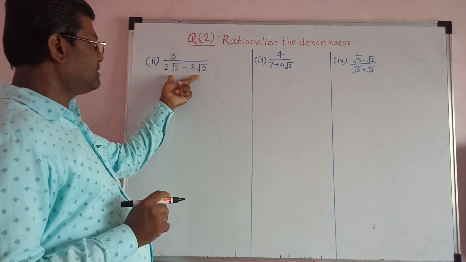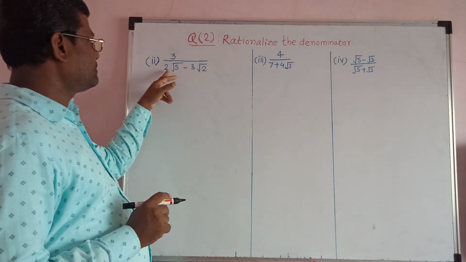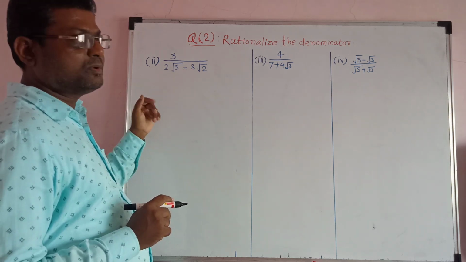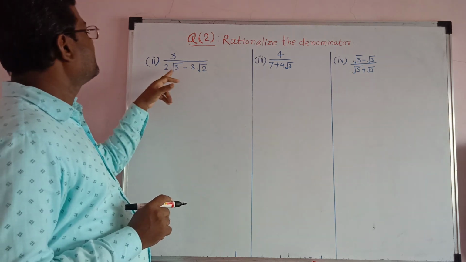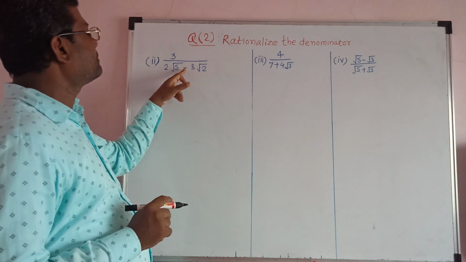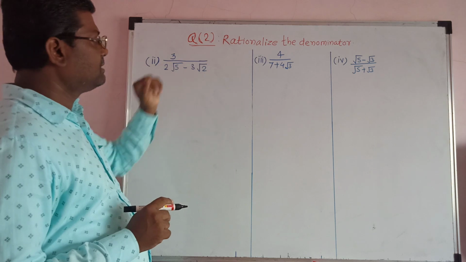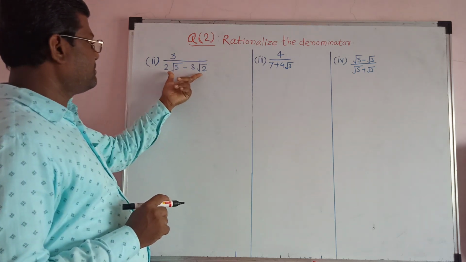In the denominator, the term is 2√5 − 3√2, and the rationalizing factor of this denominator is 2√5 + 3√2. We take here plus sign and multiply and divide the numerator and denominator by this term.